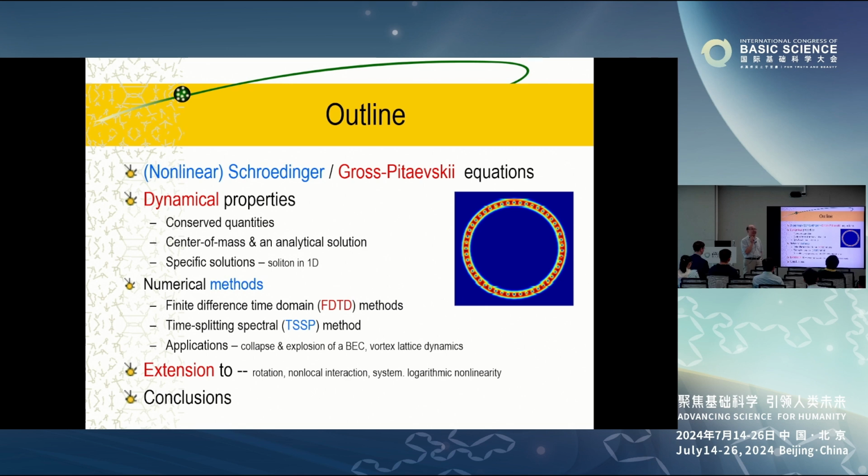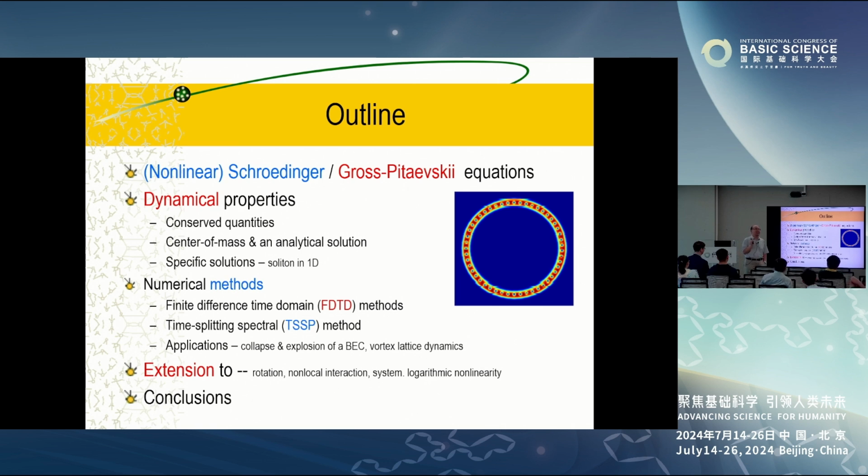Classical ones: the finite difference time domain method, or FDTD, and another one, the so-called time-splitting spectral method. One method has good properties like mass conservation and energy conservation. From a mathematical point of view, very nice properties, but from a computer point of view, a little expensive, and also some other issues. So the other method is the time-splitting spectral method.